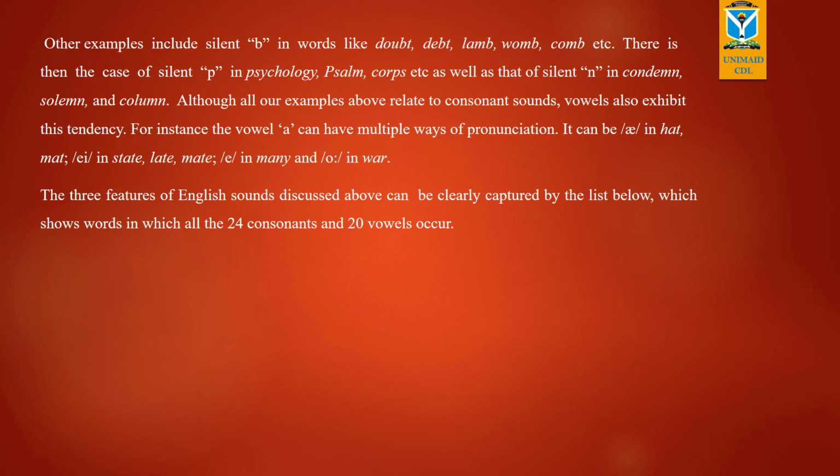Well, the silent N is equally realized in some words like condemn, solemn, and column. This N sound there, letter N, is not pronounced. Although all our examples above relate to consonant sounds, vowels also exhibit this kind of tendency. That is, for instance, when you have a vowel, it can have multiple ways of pronunciation.